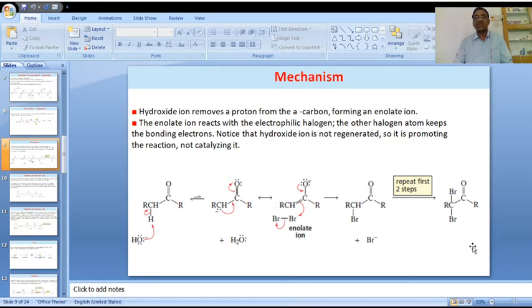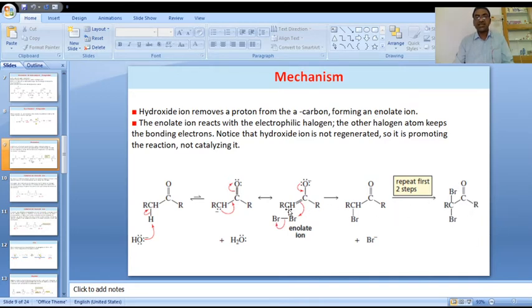This is the disubstituted carbonyl compound. Here two alpha hydrogens were available, and all the hydrogen atoms are replaced by halogen atoms.